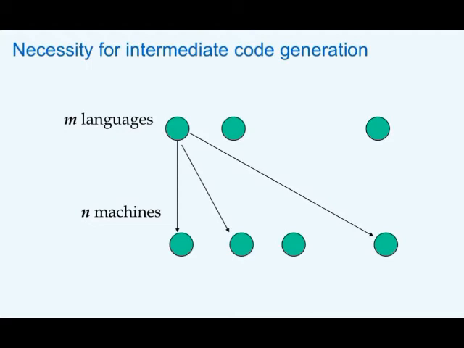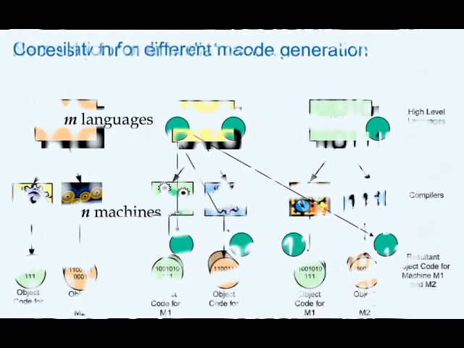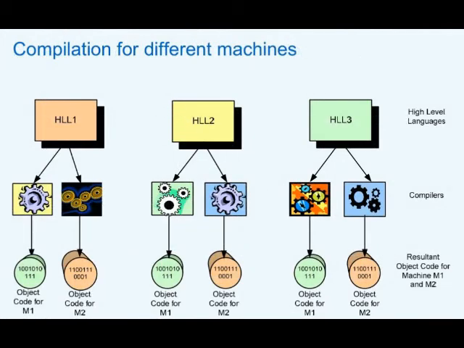When you are writing a compiler for converting one language program for different machines, you need to write that many compilers. Another thing to look at is that if programs of different languages need to run on different machines, you need to create so many compilers.